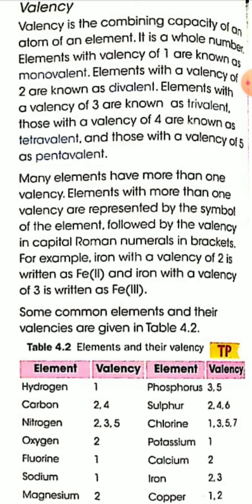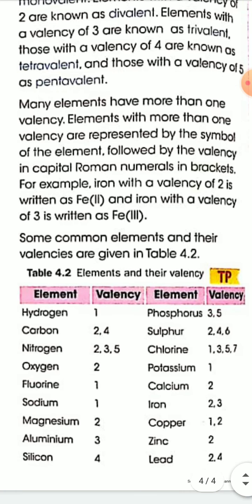Now in table 4.2, some common elements and their valencies are given. See the four columns: elements, valency, elements, valency. Hydrogen, valency is 1. Carbon, valency is 2 and 4.